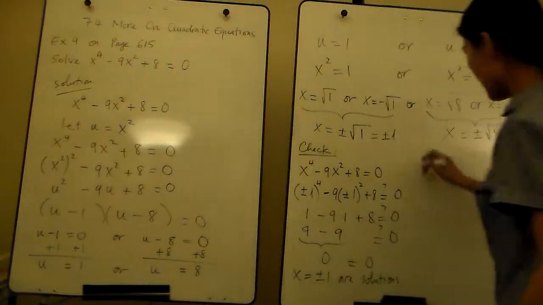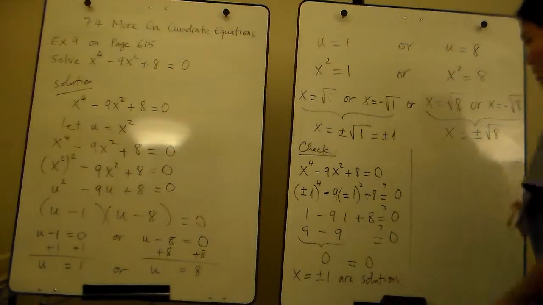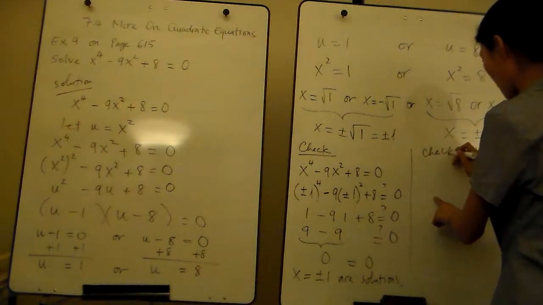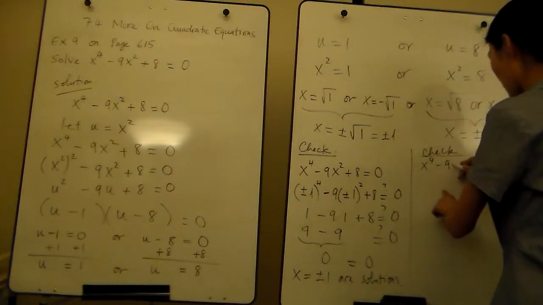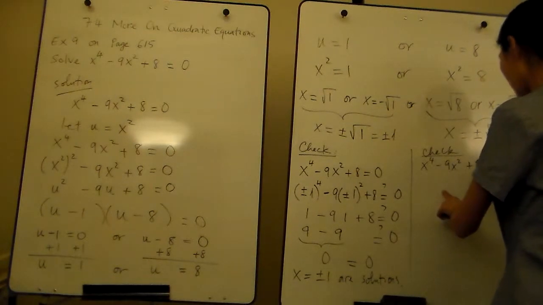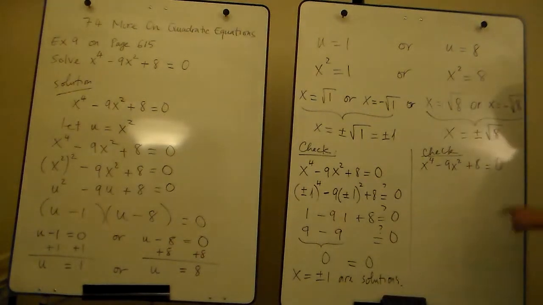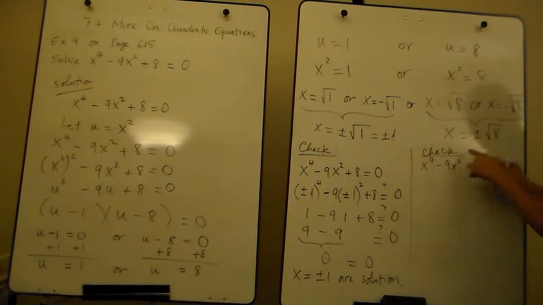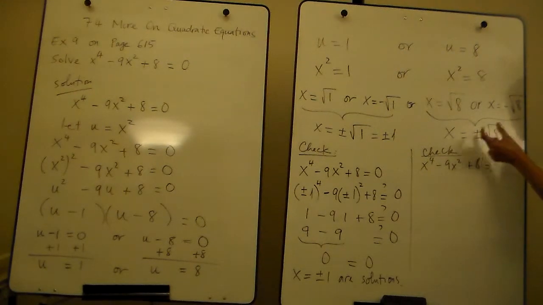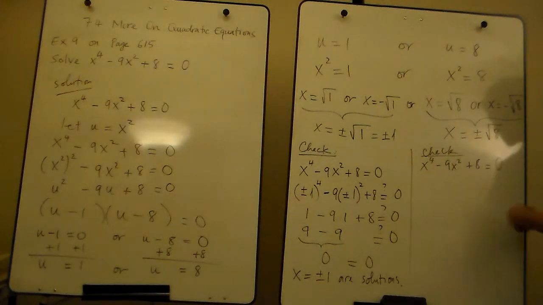So let's test the other solution here. The equation is x to the 4th minus 9x squared plus 8 equal to 0. Similarly, the solution is only one term and the exponents are even, so you can check the two solutions at once.